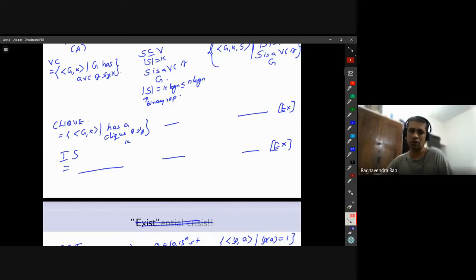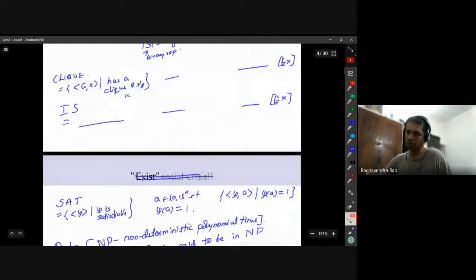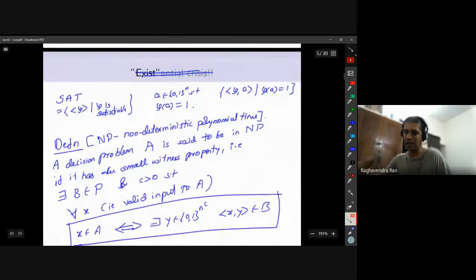But surprisingly, we saw that obtaining a polynomial time algorithm for one of them is equivalent to obtaining a polynomial time algorithm for all the remaining 3. So they are interconnected with respect to polynomial time solvability, or existence of efficient algorithms. Then we saw that all 4 of them have a small witness characterization. So we gave a name to problems that admit the small witness property. Okay, so we call them NP.